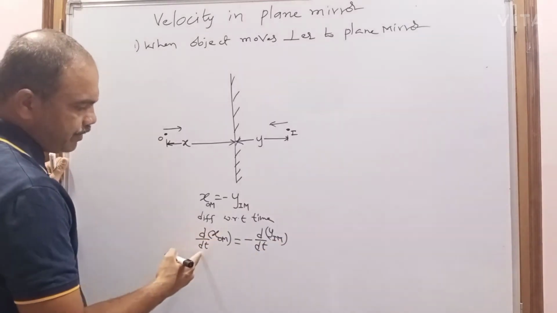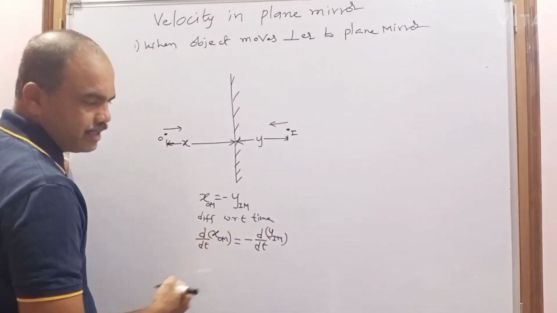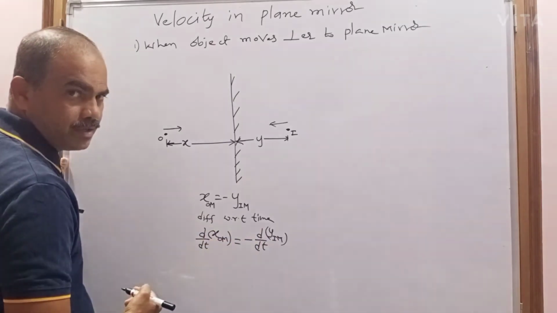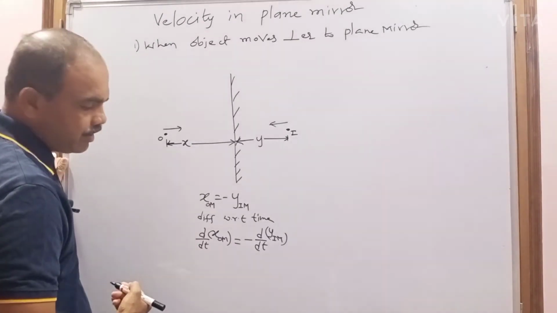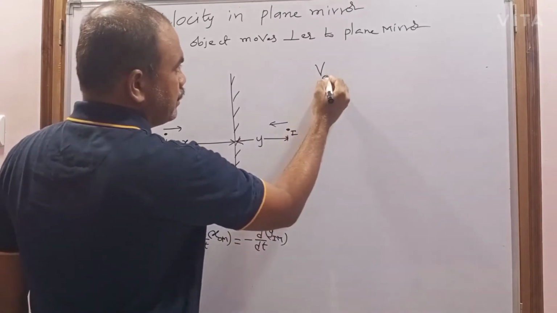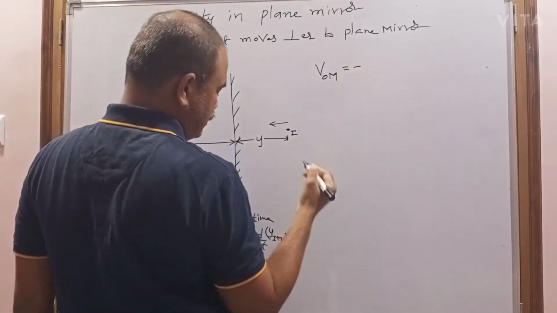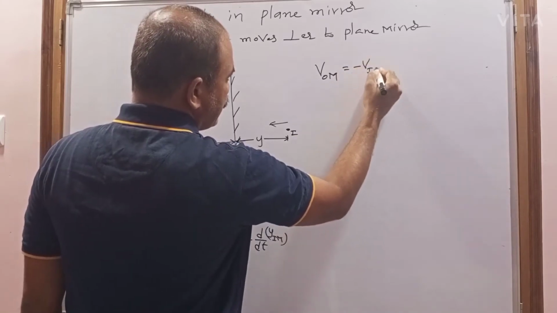But dx by dt is called the rate of change of displacement. dy by dt is also the rate of change of displacement of the image. Rate of change of displacement is called velocity. So the velocity of the object with respect to the mirror is equal to minus the velocity of the image with respect to the mirror.